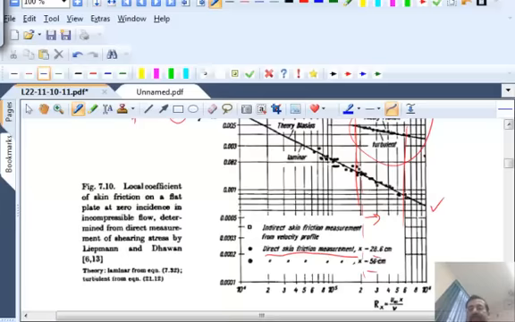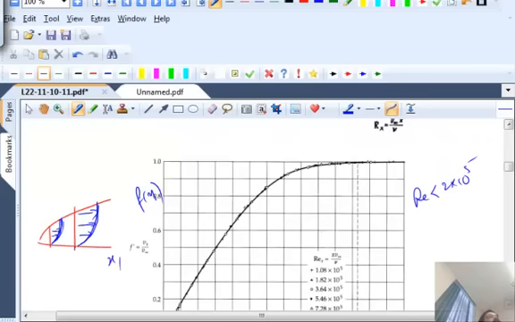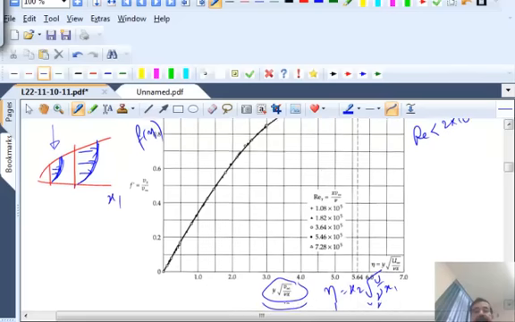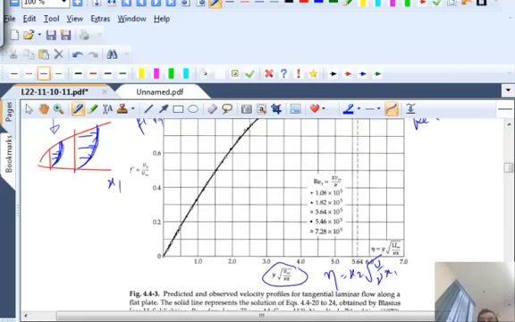The other thing that you should be able to do in a quiz or a final exam would be, given that table, if I ask you to construct this graph, that is, plot the velocity profile at a distance of x equals 10 centimeters. How would you do that? You basically need to use this graph and fix x1 as 10 centimeters and put in all the other numbers that are given, the free stream velocity and kinematic viscosity.